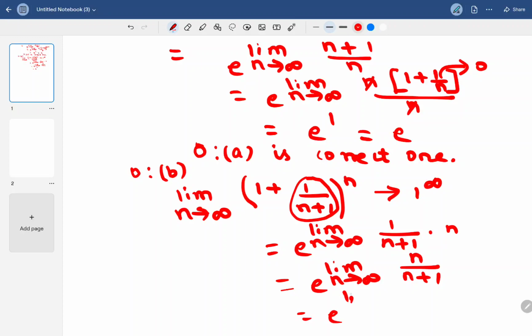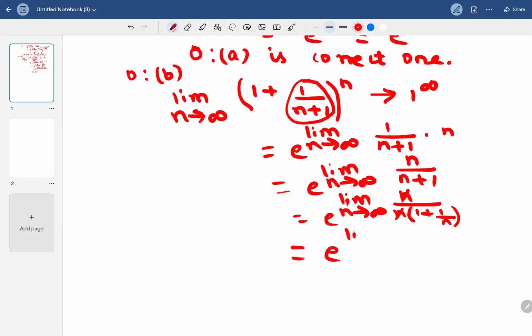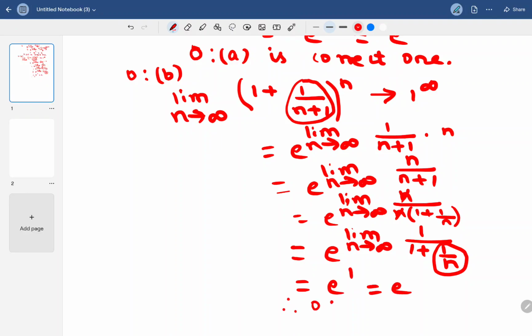Take n outside in the denominator, it becomes 1 by n, n cancels. The answer is e power limit n tends to infinity of 1 by (1 plus 1 by n). As n tends to infinity, 1 by n tends to 0, so e power 1. The answer is e. Therefore, option B is correct.